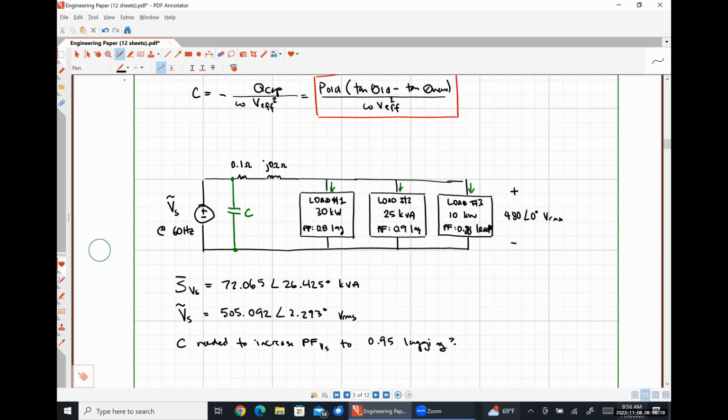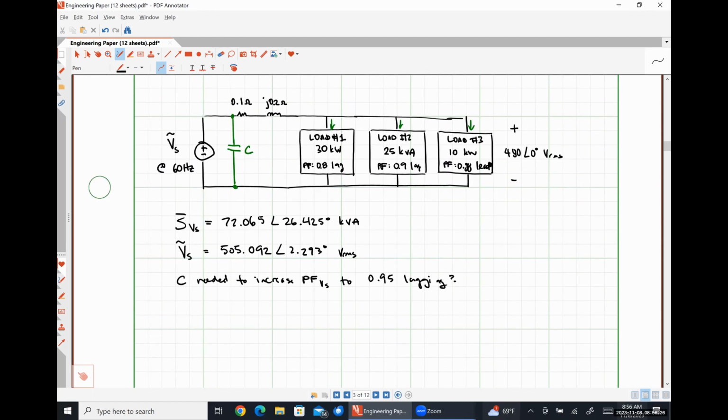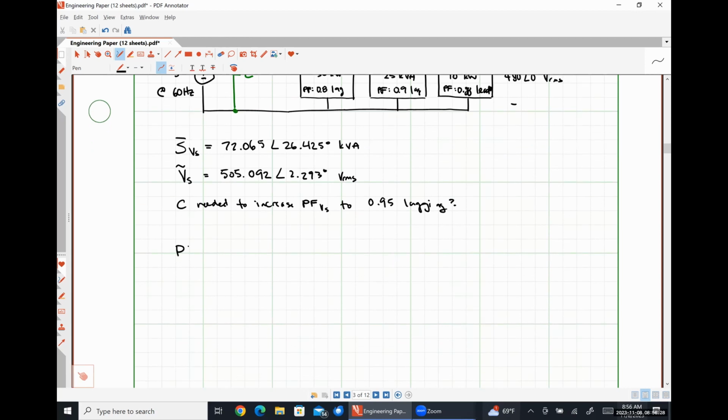So P old is the average power supplied by our voltage source in this system. P old is simply going to be the real part of SVS, which I gave to you in rectangular form earlier.